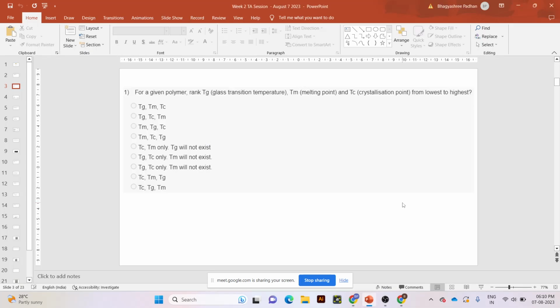Here is the question again: for a given polymer, rank Tg, Tm, and Tc from lowest to highest. Would anyone like to volunteer to answer this question?